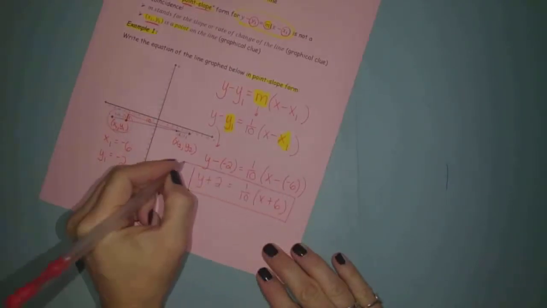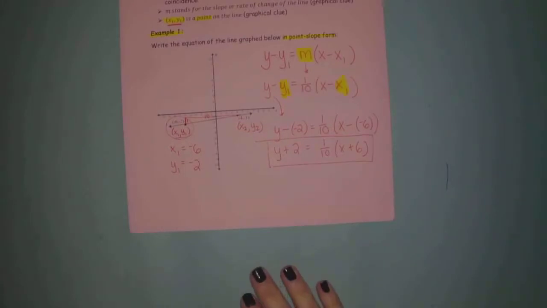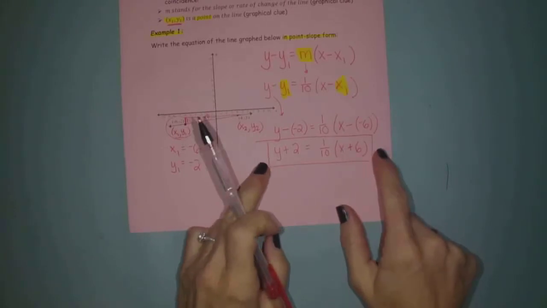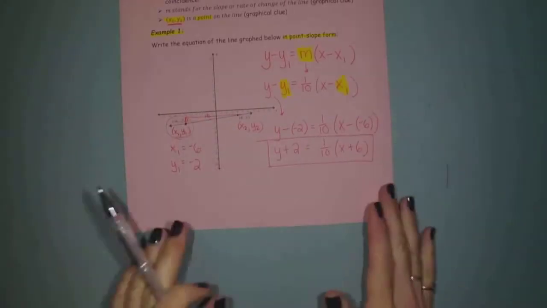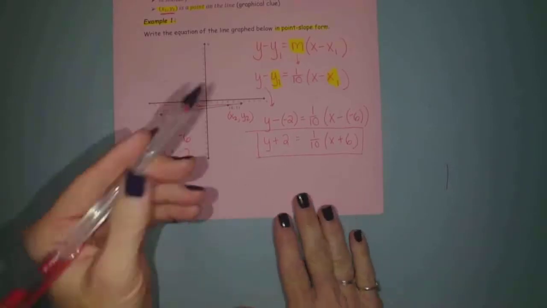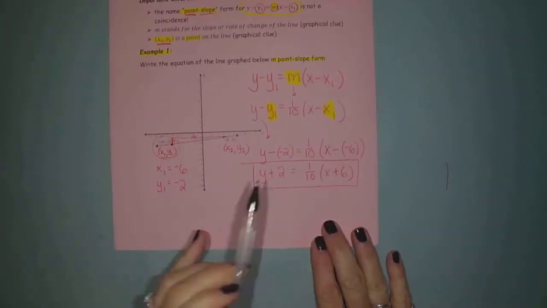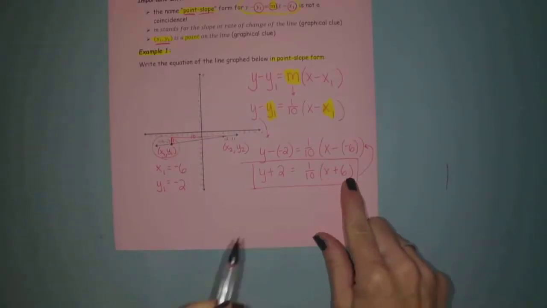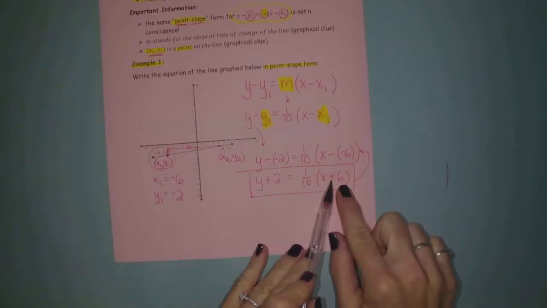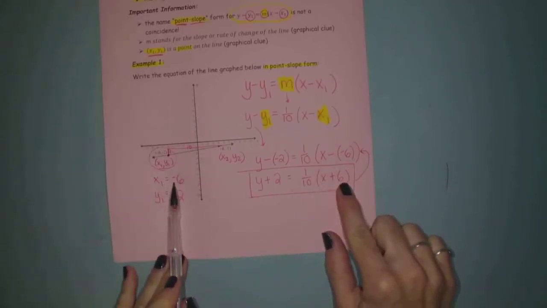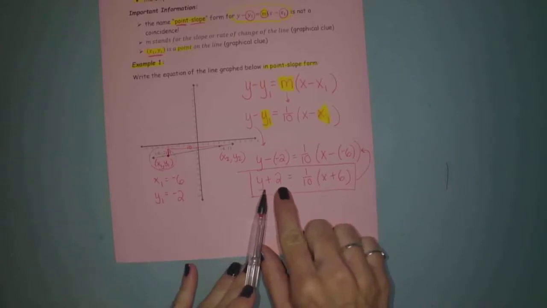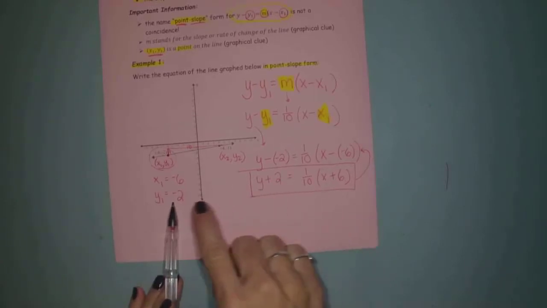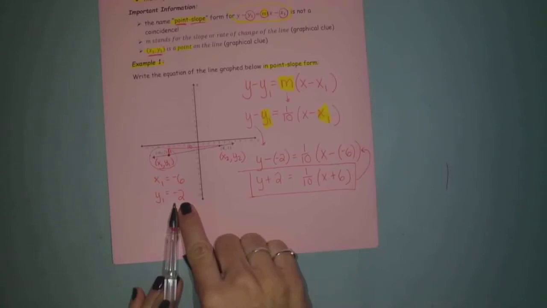Because you can see it this way, you have to be smart enough, like when we get into graphing, when I give you this and I make you do the graph, you'll have to realize that these pluses used to be minuses, and the point itself had the opposite signs. So if you see x plus 6, you know the point on your line, the x value, is the opposite of that. And when you see y plus 2, you know that the y sub 1 is the opposite of that, -2. Okay?